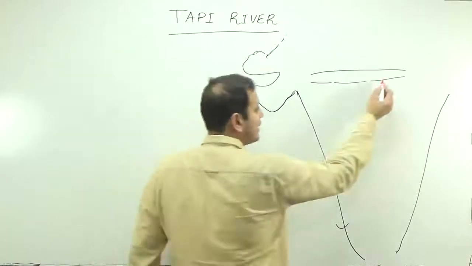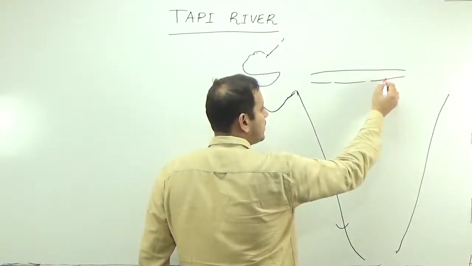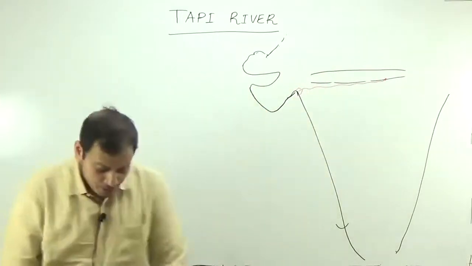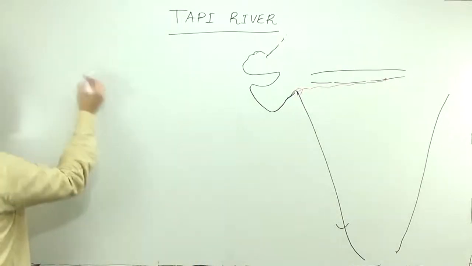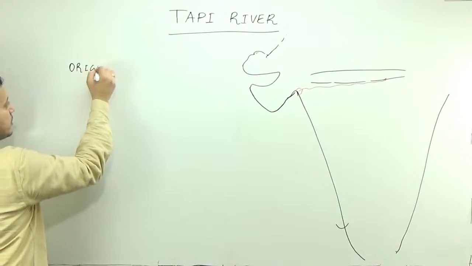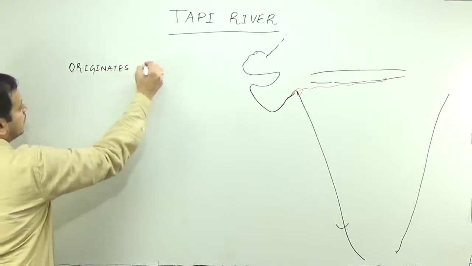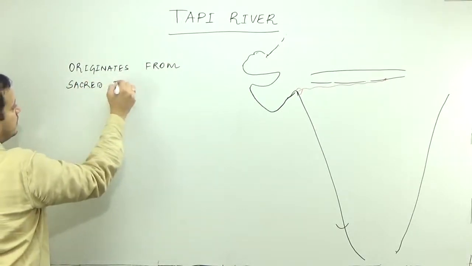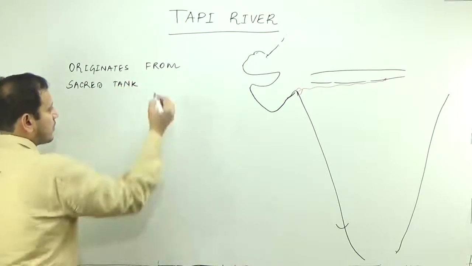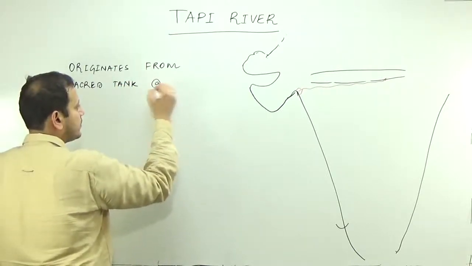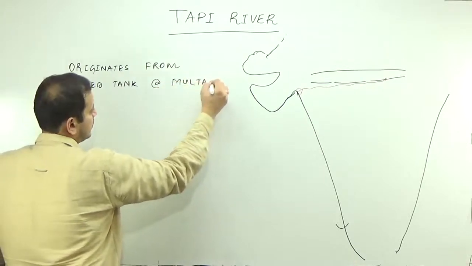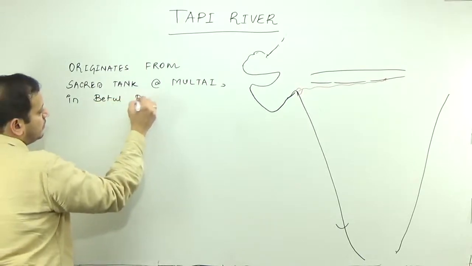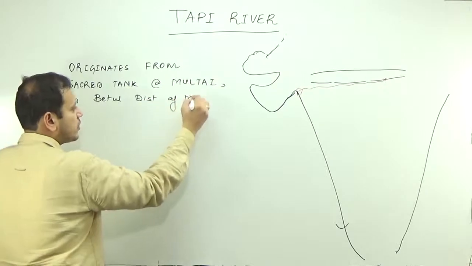It originates from a sacred tank of Multai in the Satpura region, and then it flows and drains into the Gulf of Cambay. So river Tapi originates from the sacred tank at Multai in the Betul district of Madhya Pradesh.